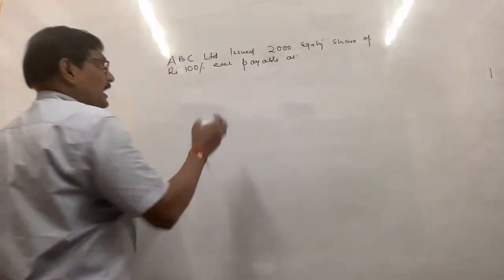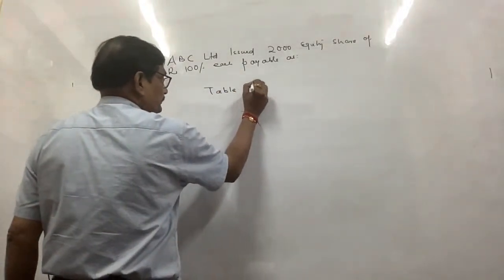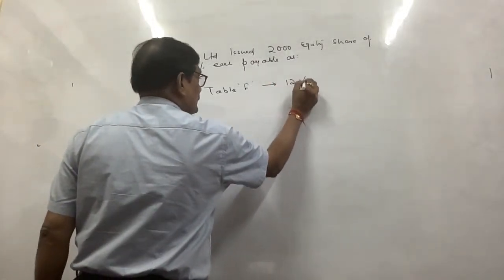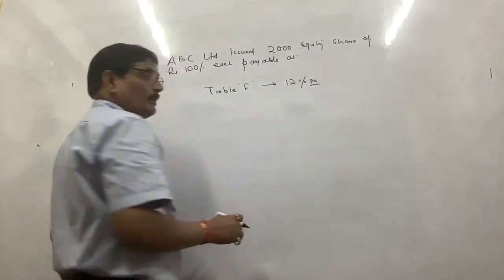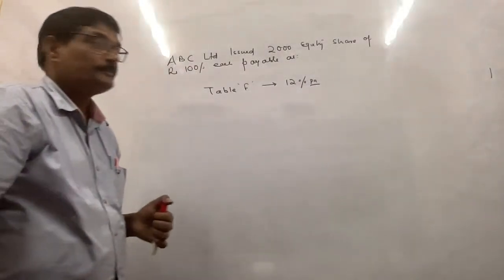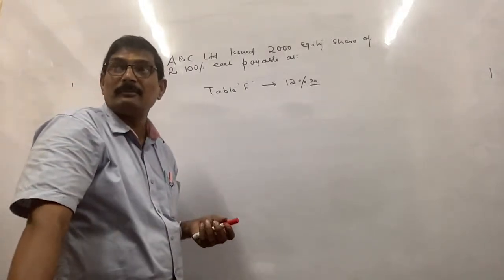As per Table F, the company has to pay interest at the rate of 12% per annum against calls in advance. Right? 12% per annum against calls in advance.